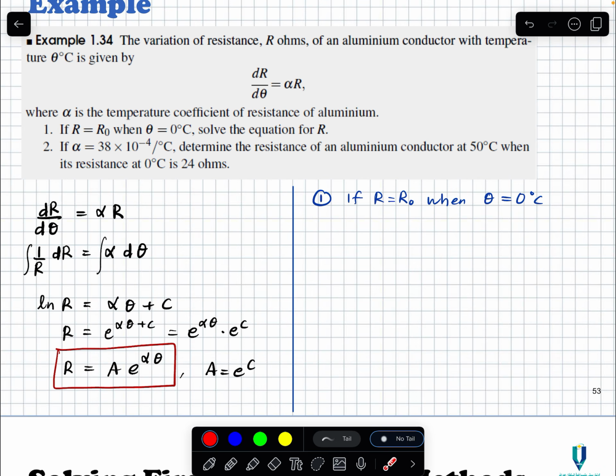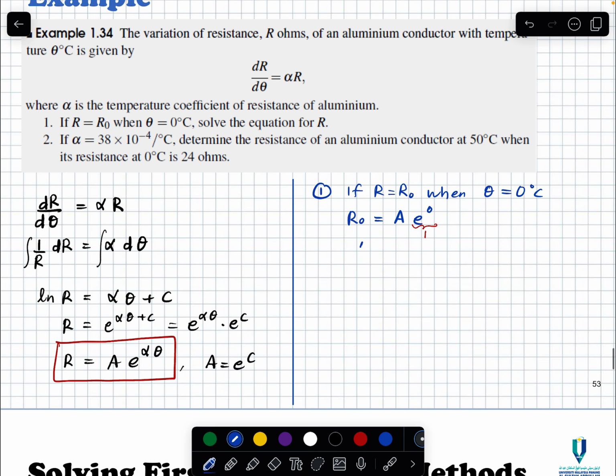R is R naught, A is still unknown, e, and theta is 0. So we have this; e to the power of 0 is 1. So here we obtain A, where A is R naught. So you can update your solution. R equals A, which becomes R naught, e to the alpha theta. So this is the answer for question 1.